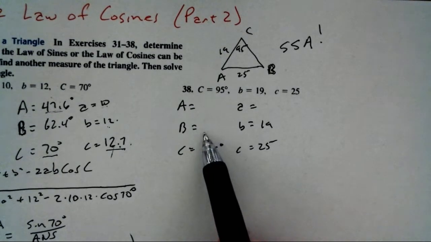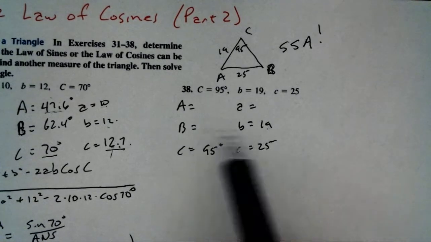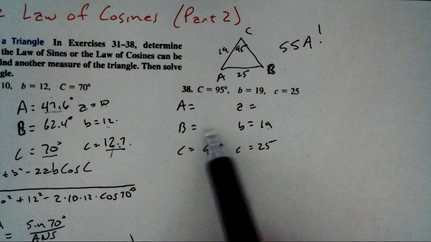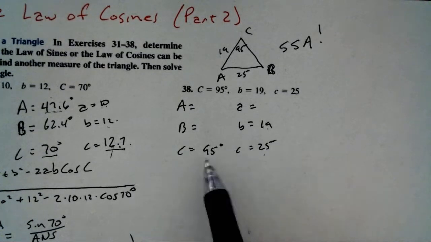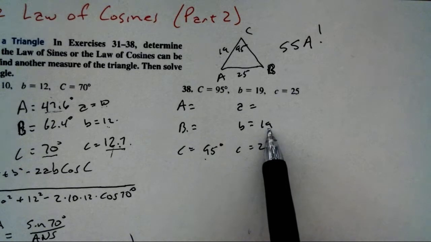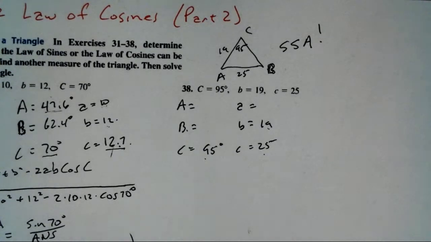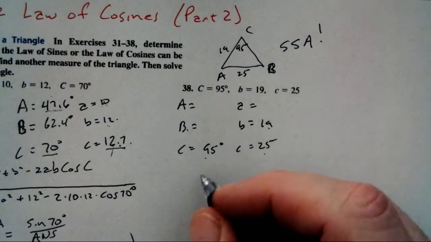We're in luck here. We know angle B is not obtuse because the side opposite it is not as big as this side, and this angle is already obtuse. So angle B, since it's not opposite the biggest side, can't be obtuse. Law of sines isn't going to lie to us. There's just one solution. I'll come back and talk about that in a moment.